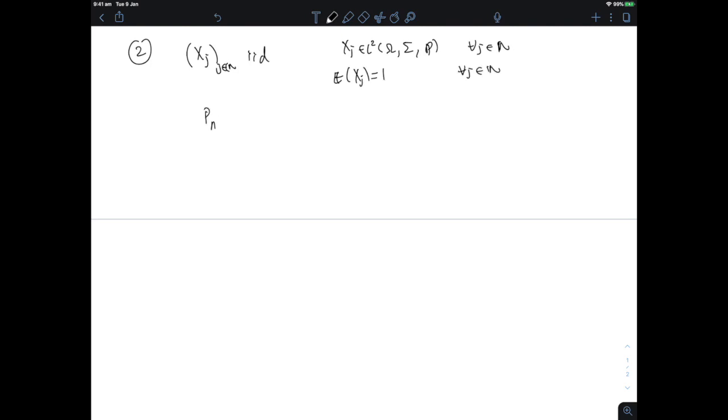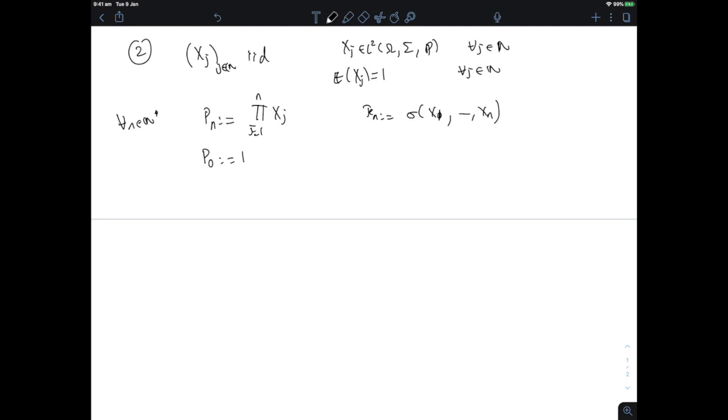And we define the product up to n as the product of the Xj, j equal 1 to n. We initialize that with P0 being 1, constant equal to 1. And again, we take Fn to be the sigma algebra generated by the first n random variables.